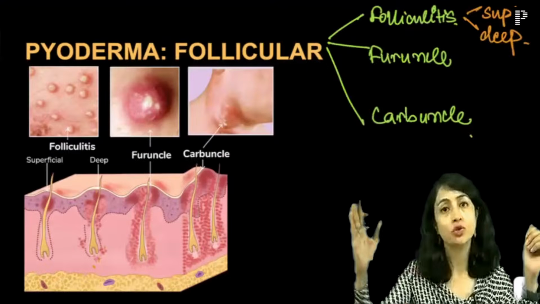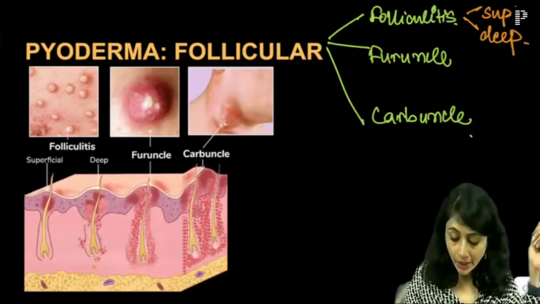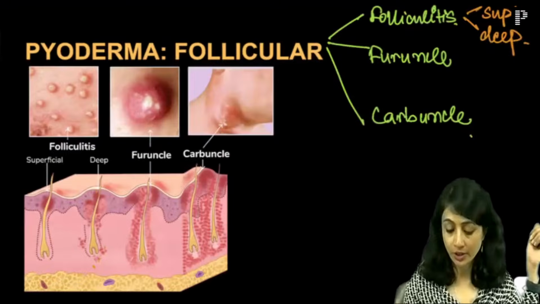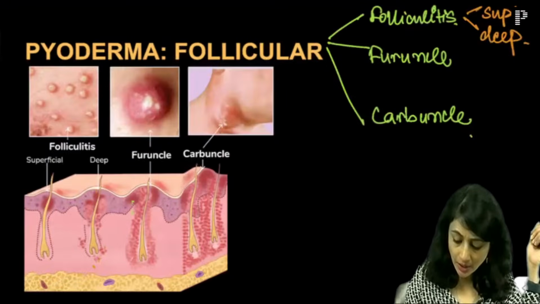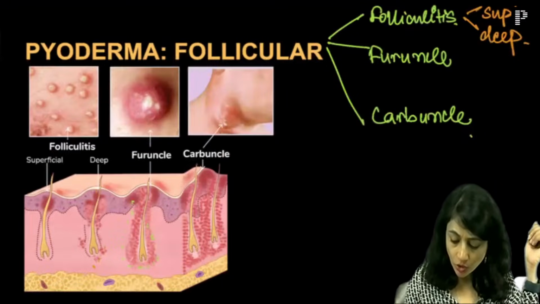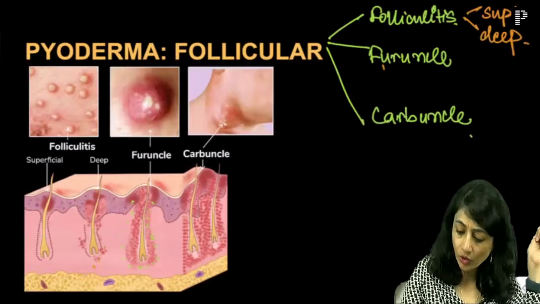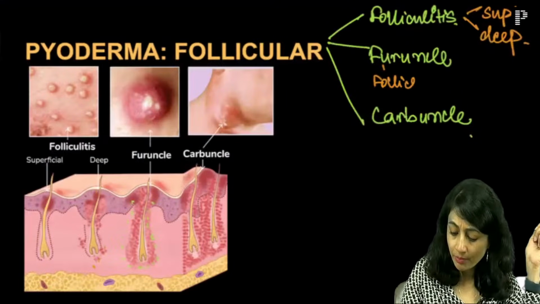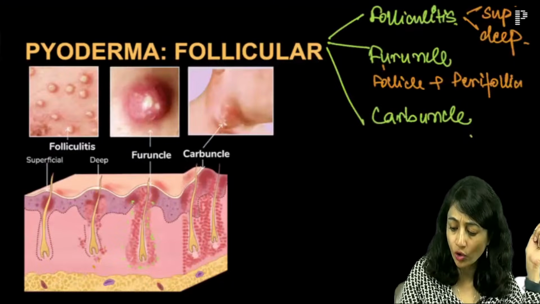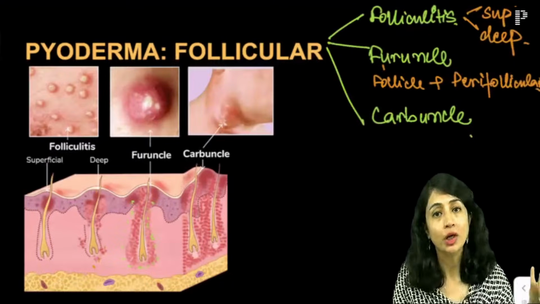Now, if along with the hair follicle, my perifollicular tissue, the surrounding skin, is also getting infected, then I call it a furuncle.